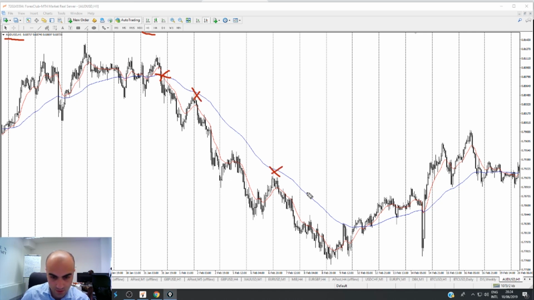It is rejecting very close over here, and here, and here. And those are all very good opportunities for us to bring back home that profit.